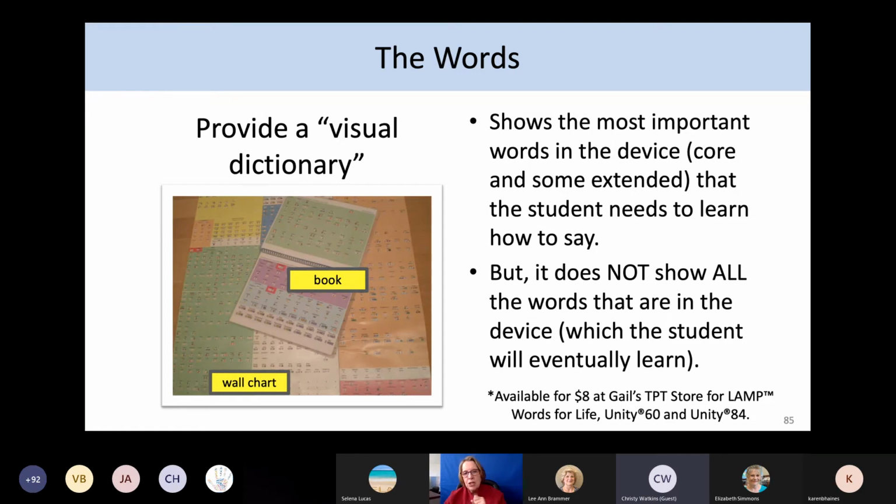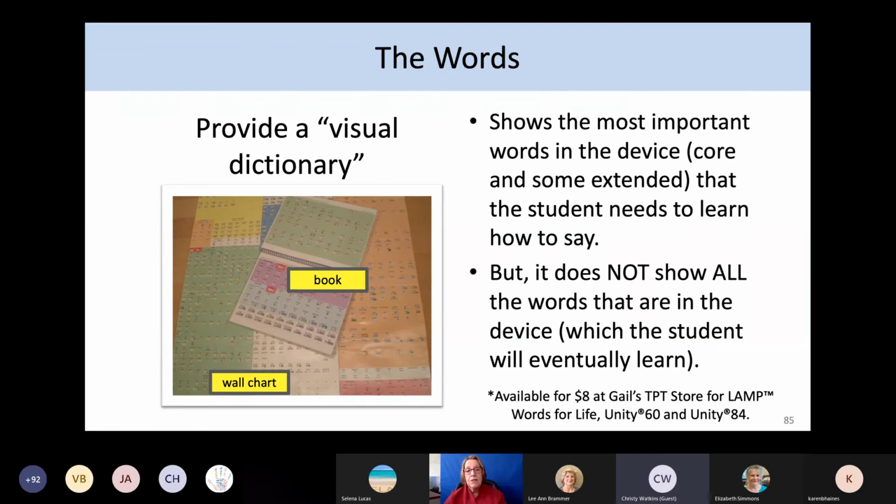So I've mentioned the visual dictionary. Doesn't show all the words, but I popped this slide also in because I've got my wall chart, but kids on the move aren't always going to be sitting in front of a wall chart. So I print my wall chart very low. It prints out on 15 sheets of paper.